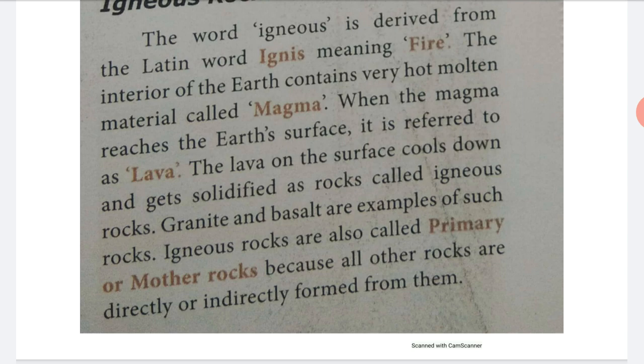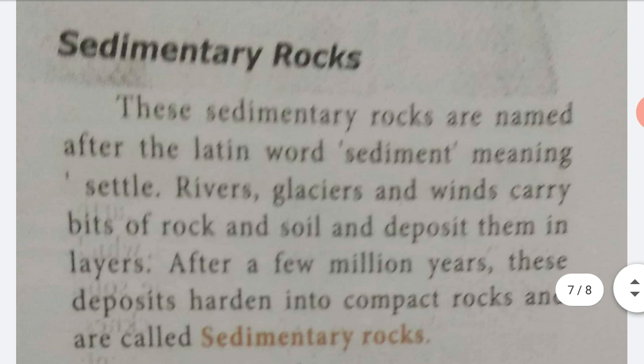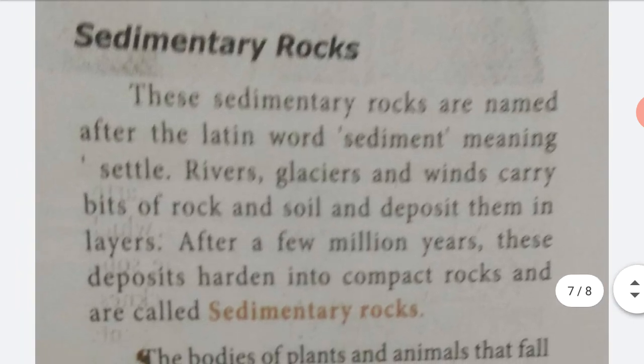Next we go to the second type, sedimentary rocks. The name comes from the Latin word sediment, which means to settle. Rivers, glaciers and winds carry bits of rocks and soil and deposit them in layers.